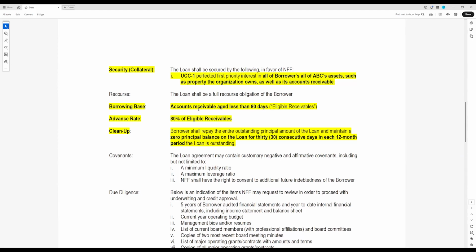And I'm also wondering about UCC1. I should maybe know what this means, but if you could just explain a little bit more about what that is. Yeah, you don't really need to know what UCC means. It stands for Uniform Commercial Code. It's a lot more important to understand what it's used for. So it's kind of like a database that lenders use to see if any other lenders or banks have claims on assets.